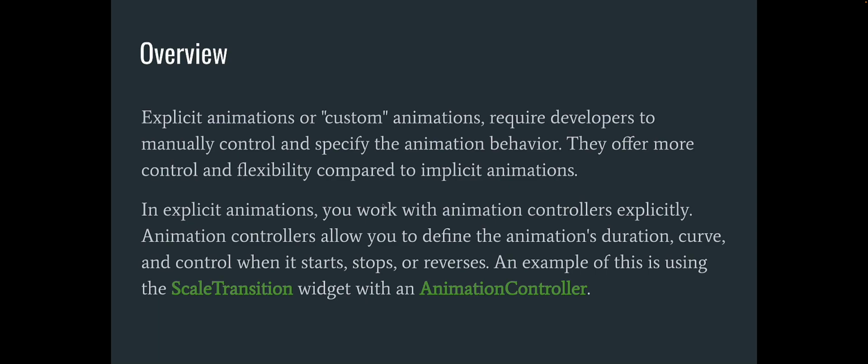Implicit animations are built into Flutter, so there's little customization that you can do to them. In explicit animations, you work with animation controllers explicitly. Animation controllers allow you to define the animation's duration, curve, and control when it starts, stops, or reverses. An example of this is using a scale transition widget with an animation controller.